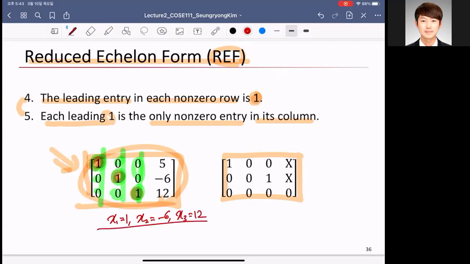So in other words, if we can find the reduced echelon form of the original augmented matrix, we can just solve the system, right? This is going to be our new strategy.